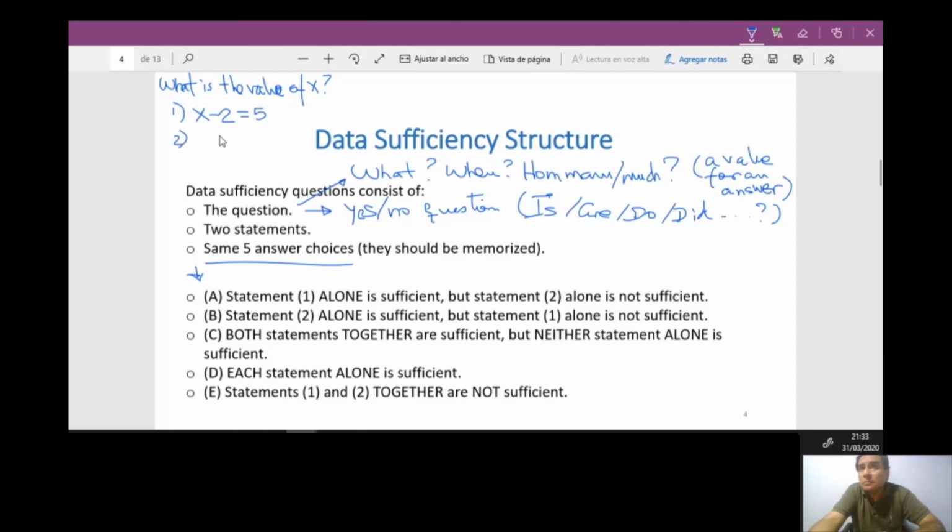Statement 2 says (x minus 2) squared equals 25. Okay, so if those were the question and the two statements, how would we evaluate this?